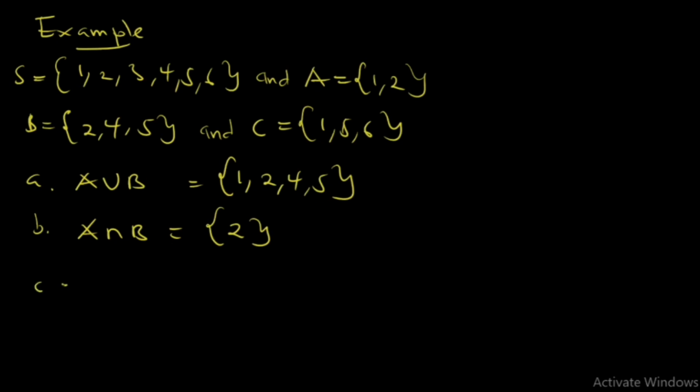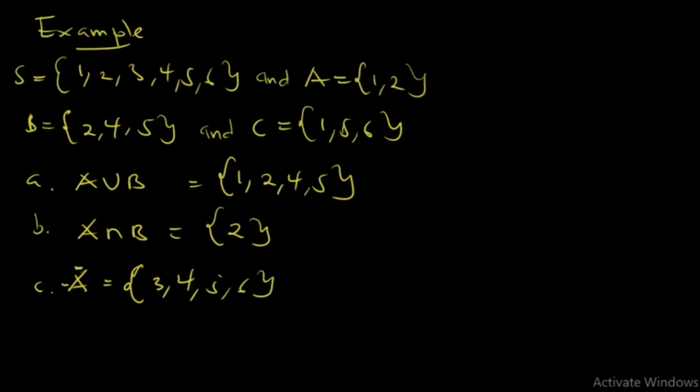Let's go to the third question. We are asked to find A complement. For A complement, we look at the universal set and check the elements which are in the universal set and are not in set A. We know that to be 3, 4, 5, 6.